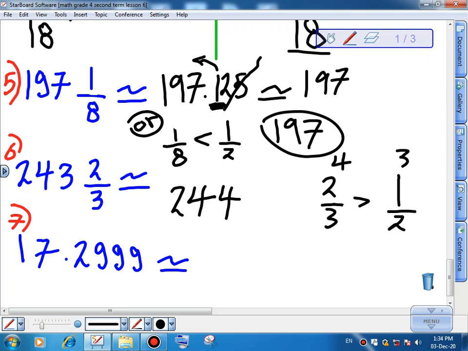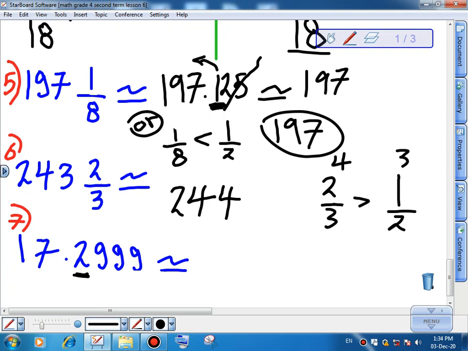This next one, 17.2999, 17 and 2,999 over 10,000. I need to approximate to the nearest unit. Just look to the tenth place. Is it weak or strong? It is a weak number, so it doesn't do anything. But look, in the hundredth place is a 9. But I don't need these digits.